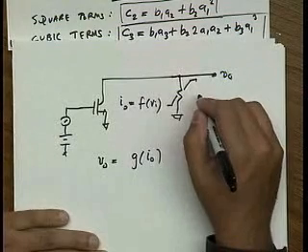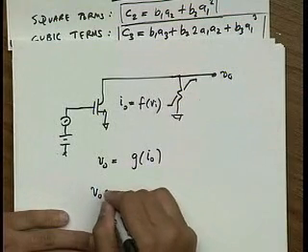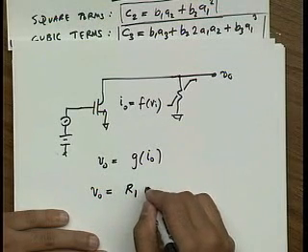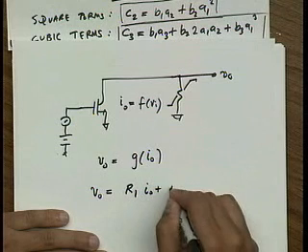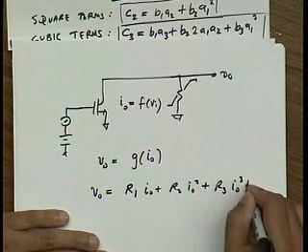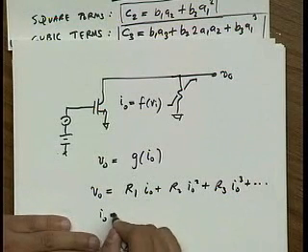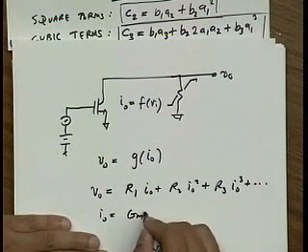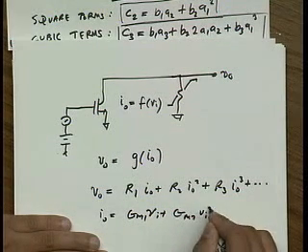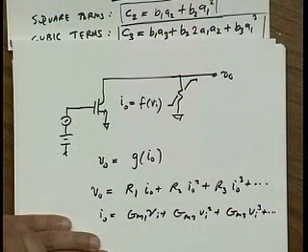So let's say that this resistor is described by, so V out is, let's say, R1 I out plus R2 I out squared plus R3 I out cubed, and so on. And I out is some GM times V in, let's say GM1 V in plus GM2 V in squared plus GM3 V in cubed, and so on.